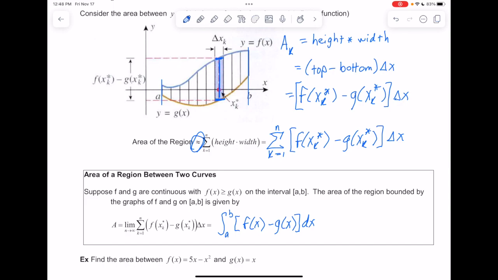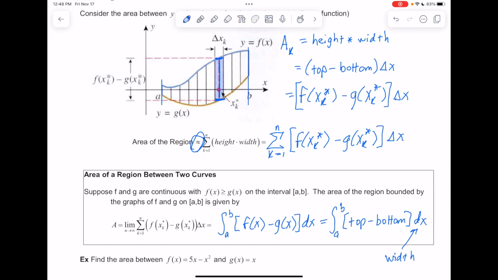And it's good to write that in terms of words, not just in terms of functions. So this would be the integral from a to b of the top minus the bottom to give us the height, times dx, but that dx represents the width.